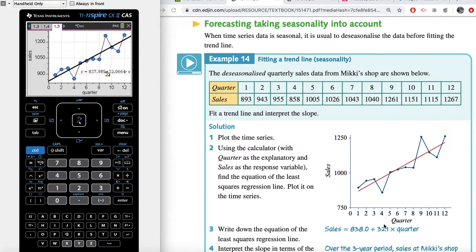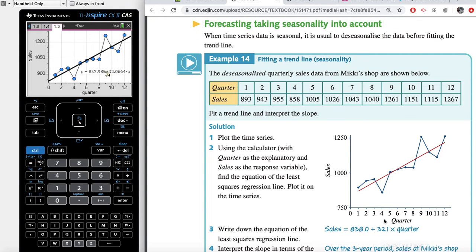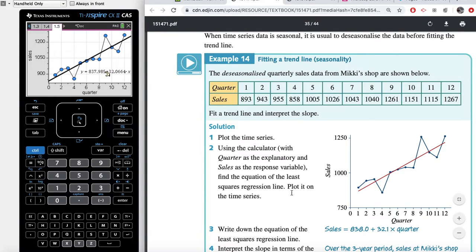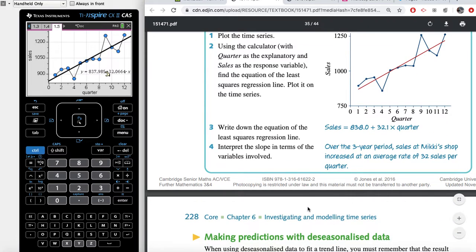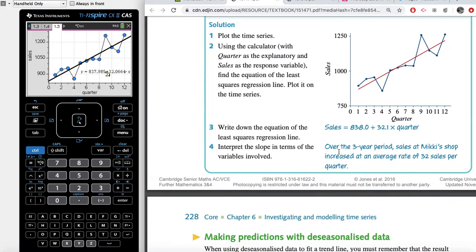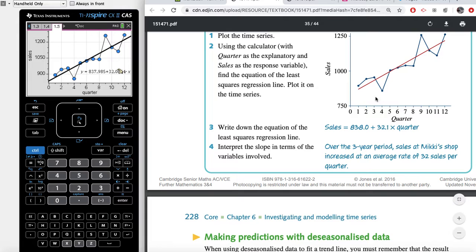So there is our actual data there. So, if we have a look at this, over the 3-year period, we're interpreting the slope now I should say, sales at Mickey's shop increase an average rate of 32 sales per quarter, because that's what that 32 means. It's going up by 32. That's the trend line, alright? So interpreting the slope.